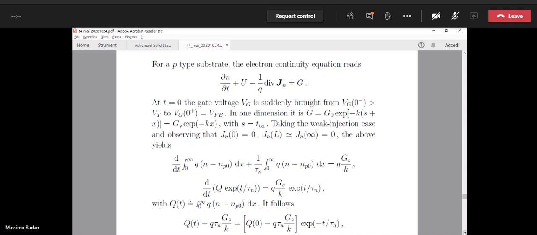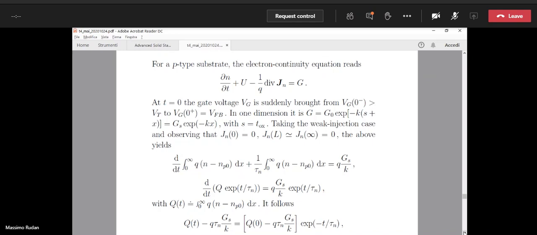The first term, the derivative of n with respect to t, can also be written as the derivative with respect to time of n minus np0, because np0 is a constant. When we integrate it, we obtain, as you can see in the middle of the page, the derivative of the integral from 0 to infinity of q times the excess electron concentration with respect to the equilibrium value.